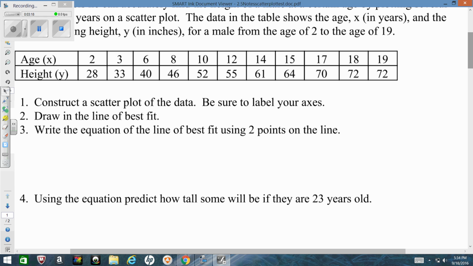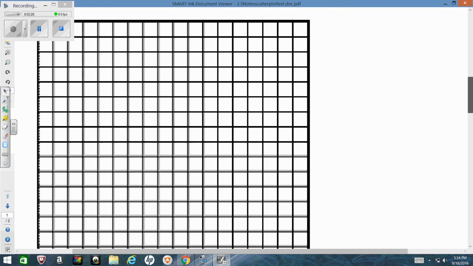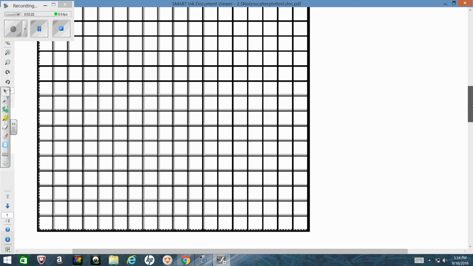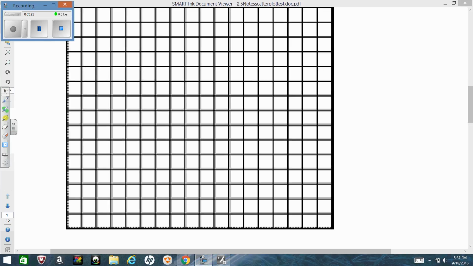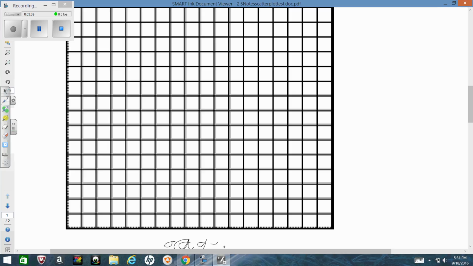Make sure we label our axes. So let's scroll down to our graph and start by labeling our axes. On our x-axis, the bottom, we have our age, and over here we have our height.